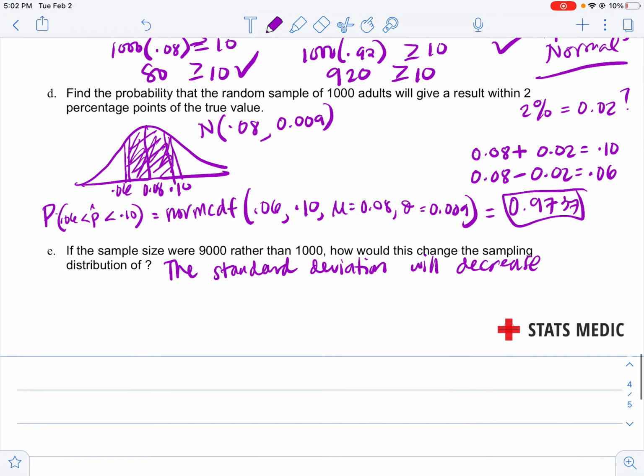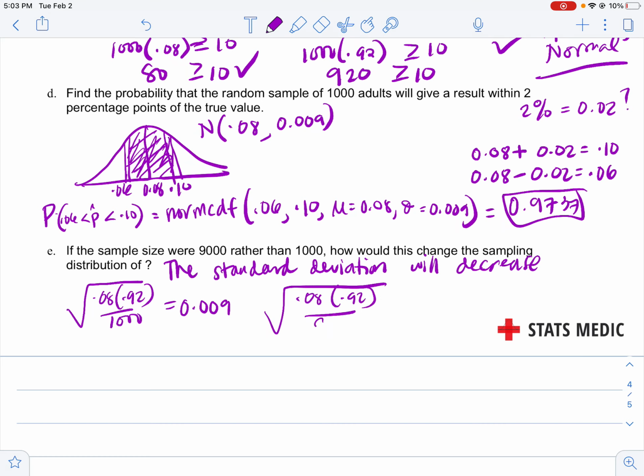Let us see if it's true using the formula. When it's 1,000, I have 0.08 times 0.92 over 1,000, and we know the answer is 0.009. If I use the same formula but put 9,000 instead of 1,000, I'll get 0.003.